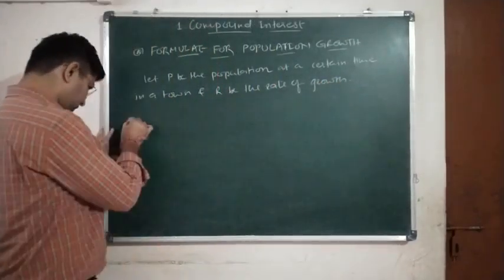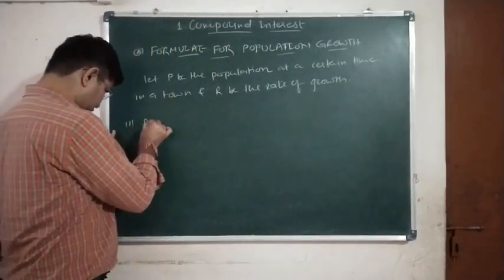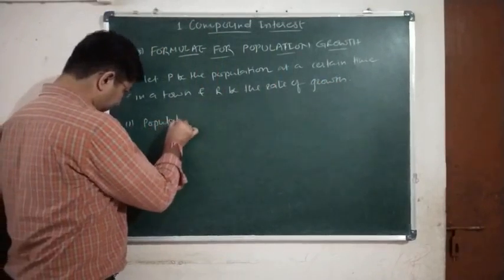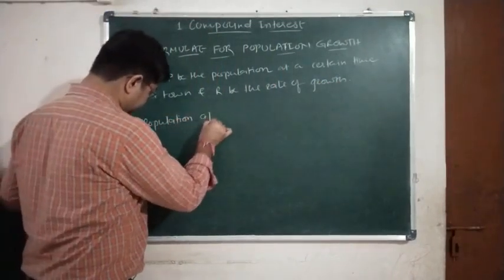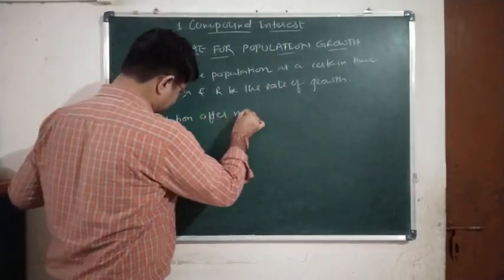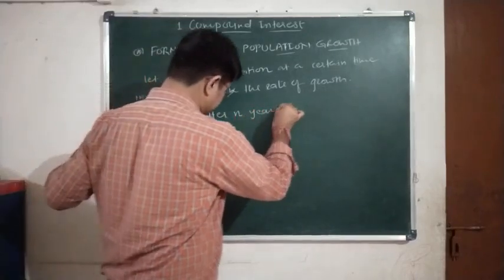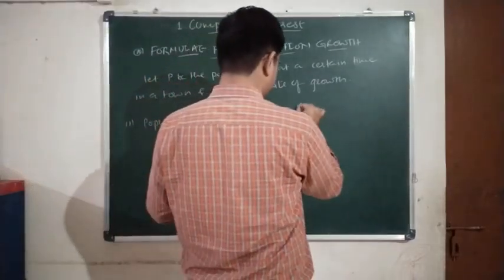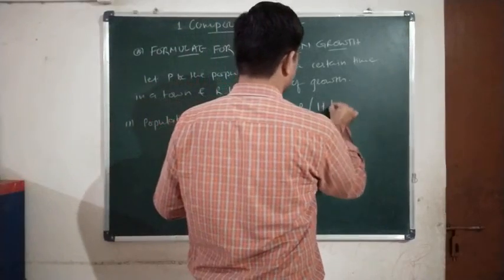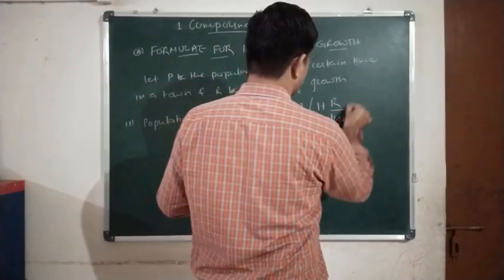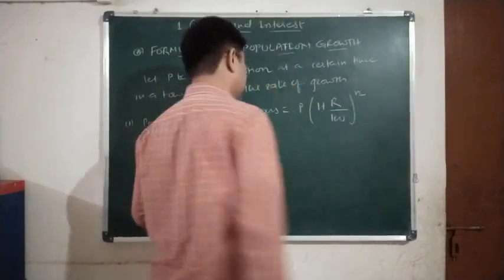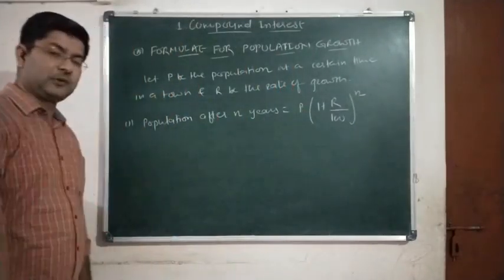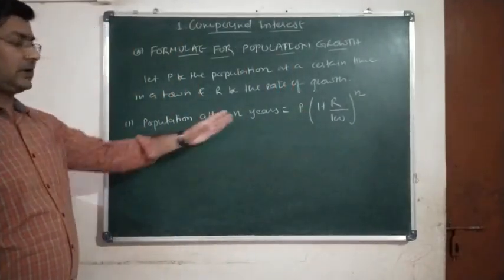Then formula number 1: population after n years is given by P into bracket 1 plus R upon 100 raised to n. This is the formula to calculate the population after n years.